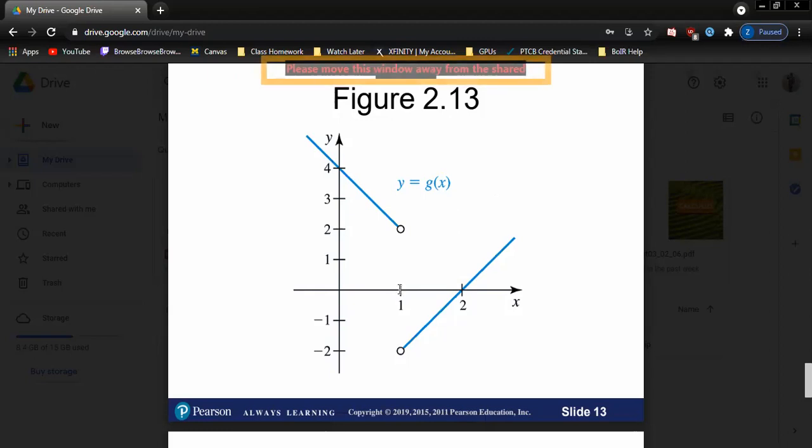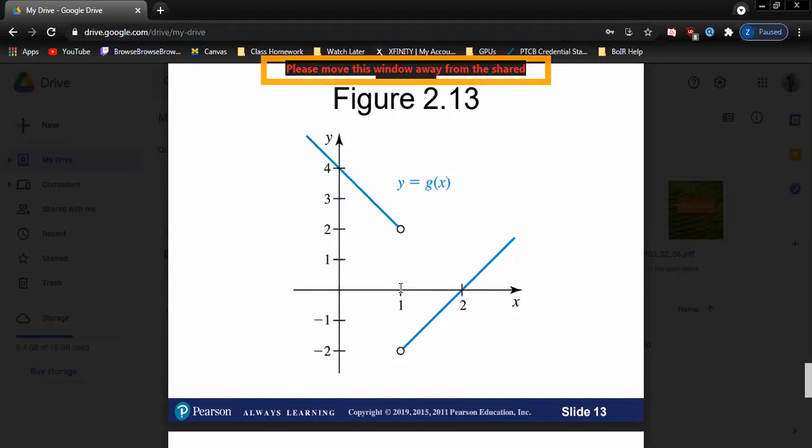Yes. Okay, so it doesn't matter whether we have a defined value at 1 or not. We need to have the same value for the left-sided limit and right-sided limit.